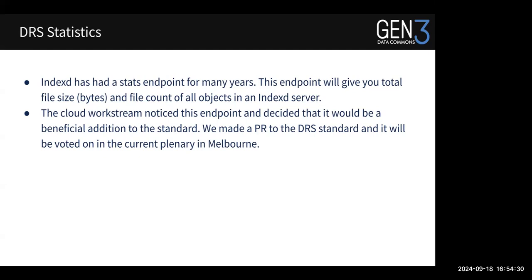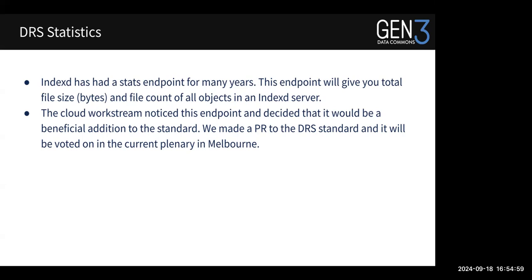The PR for DRS 1.5, the release of it, gets sent to all the driver projects and the implementers of the standard. Everyone votes on this release, and you either give a +1, a 0, or a -1. +1 being good, 0 being neutral, and -1 being I have serious concerns with this release.